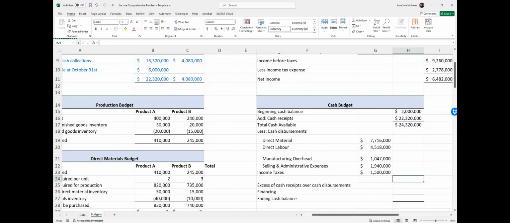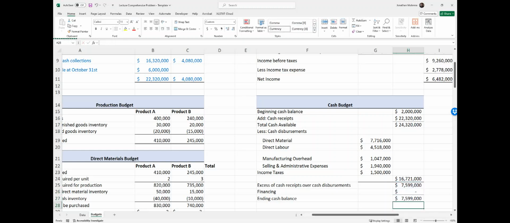And so our total disbursements then were about 16,721,000. So this company had excess cash of almost 7.6 million. So this company did not have to go and borrow, and so they were doing good.